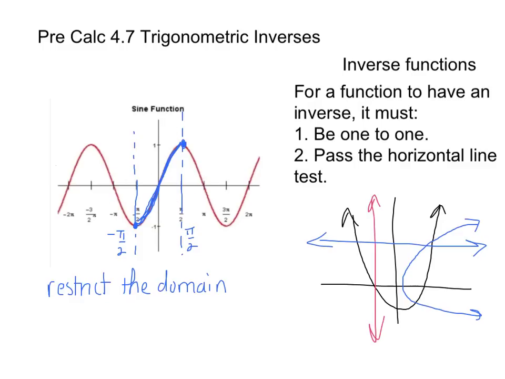It's obvious that the whole sine function doesn't, but if we restrict that domain so that we're only accessing between negative pi over 2 and pi over 2, then we will have a function that we can find the inverse function of.